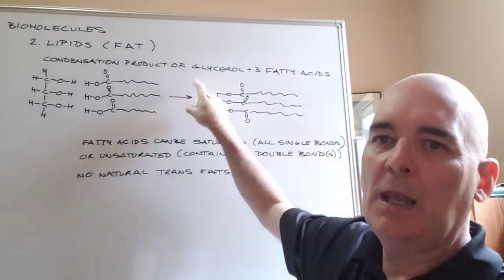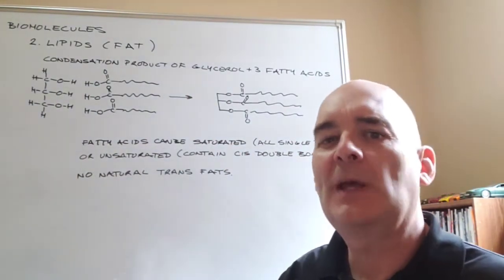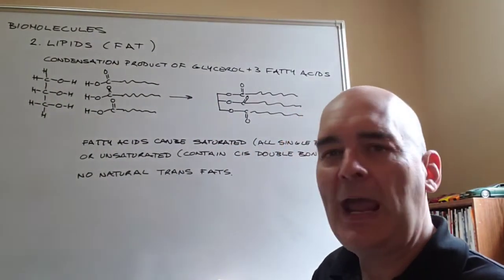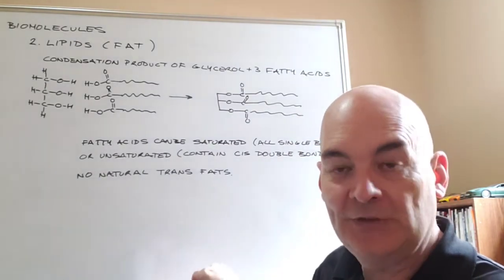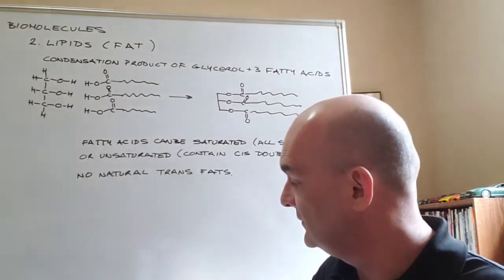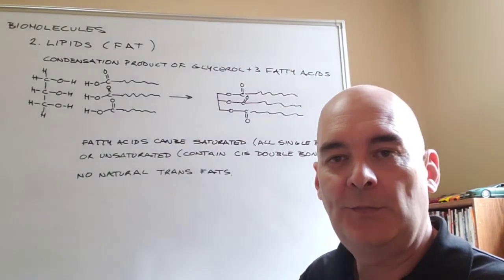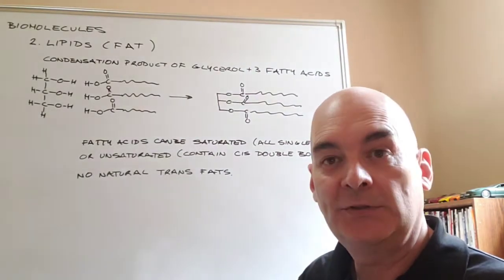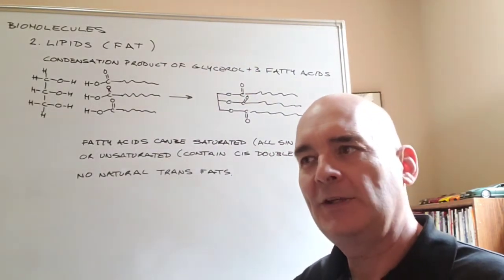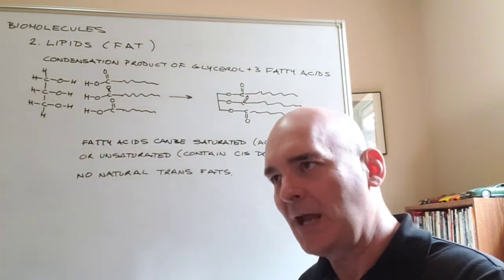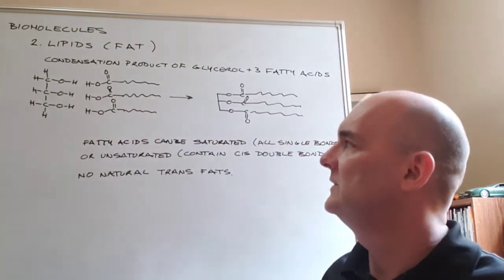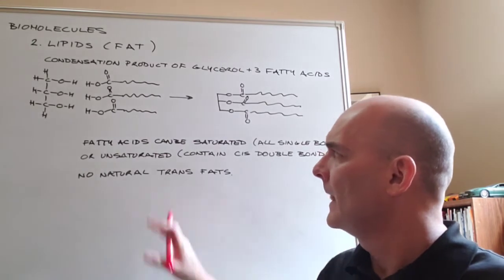So this squiggly line just tells me that's something that I haven't completely defined, but it's a long chain of carbons. They all turn out to be even numbers. Nature does a couple of things, in that it only uses certain types of molecule. All fatty acids are even numbers.